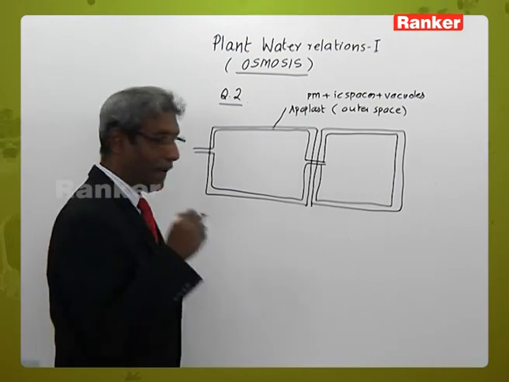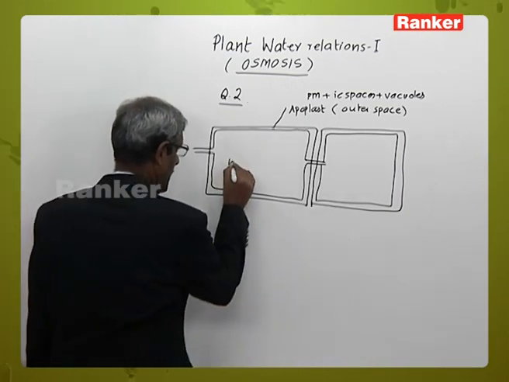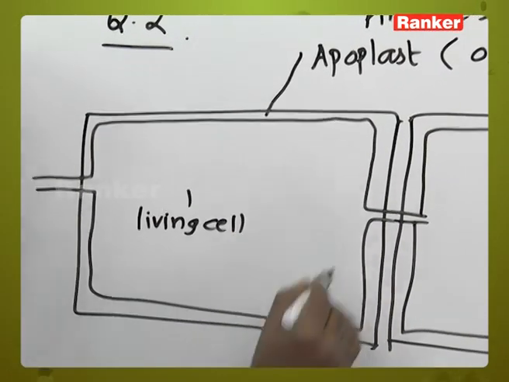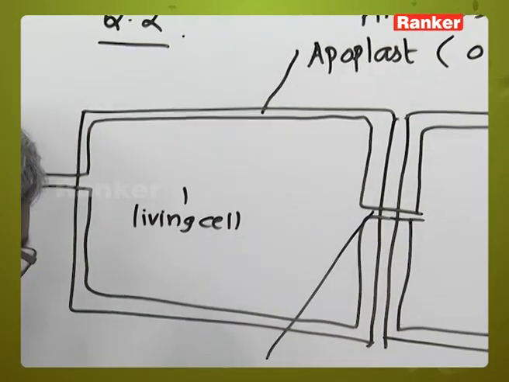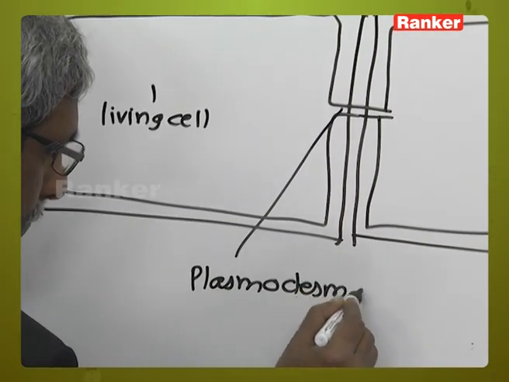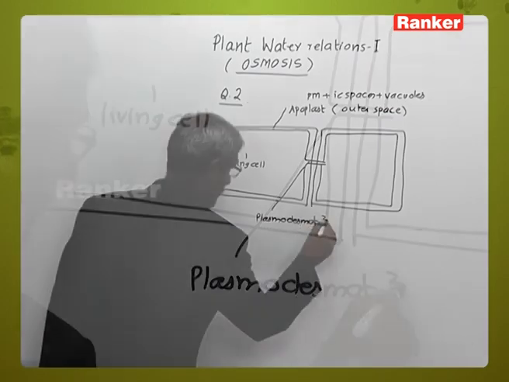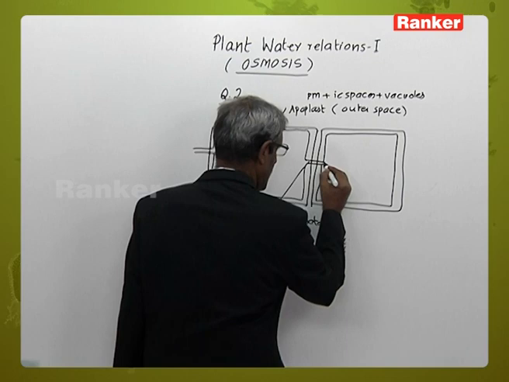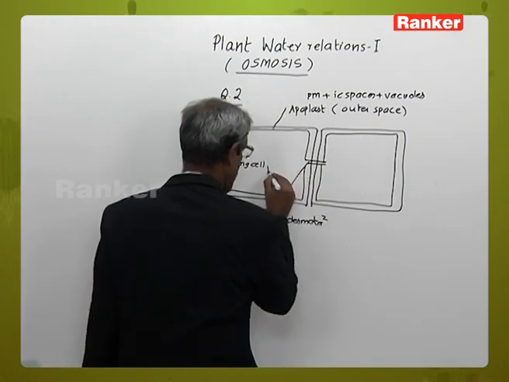Whereas when you take the symplast, you have the living cell, you have the plasmodesmata, and again there is a continuity of cell number 1 with cell number 2.